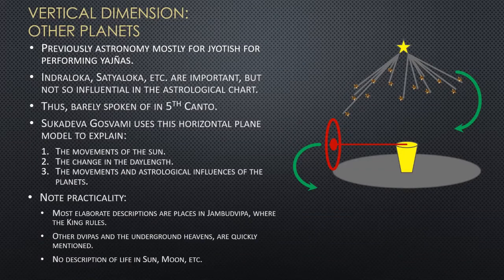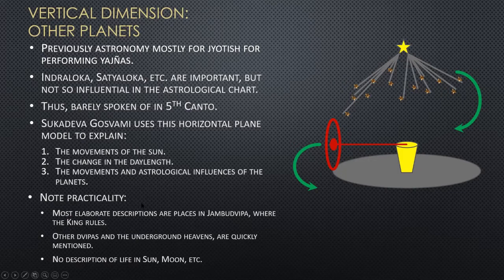Because of that, we're making the case here that they're barely spoken of in the 5th canto. Shukadev Goswami uses the horizontal plane, the polar plane, to explain what? To explain the movements of the sun, the change in the day length, and the movements and astrological influences of the planets.